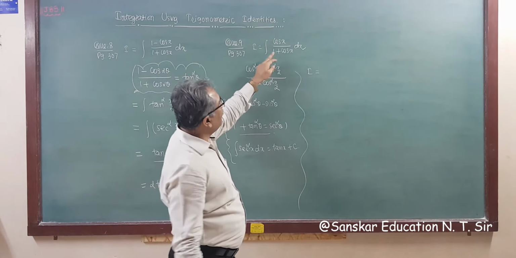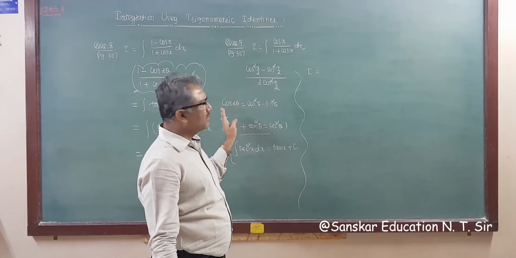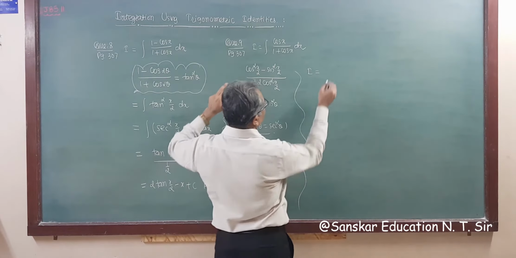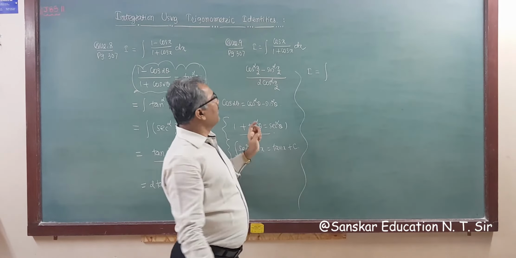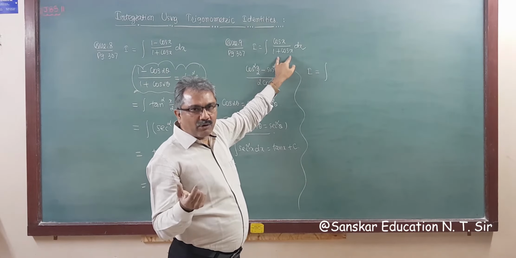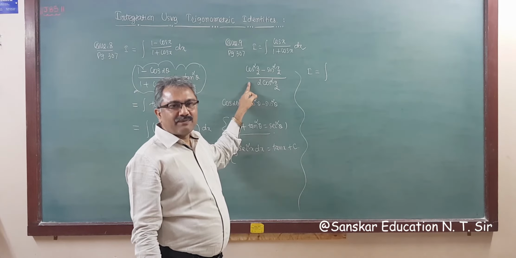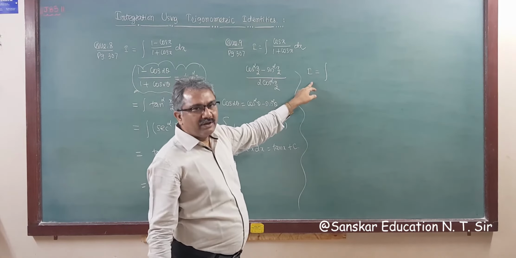Either way, if you add 1 and subtract 1, both answers are the same. Nothing changes. It takes time to recall this formula, that's why we are going for this.